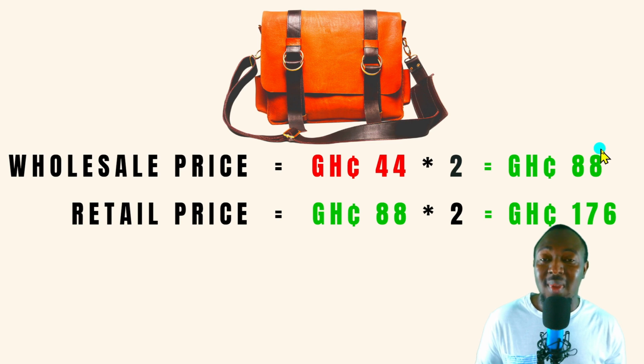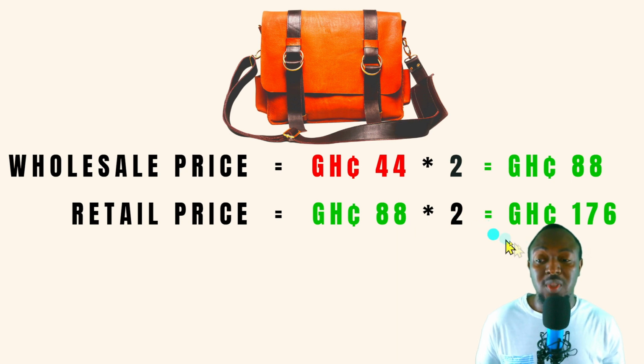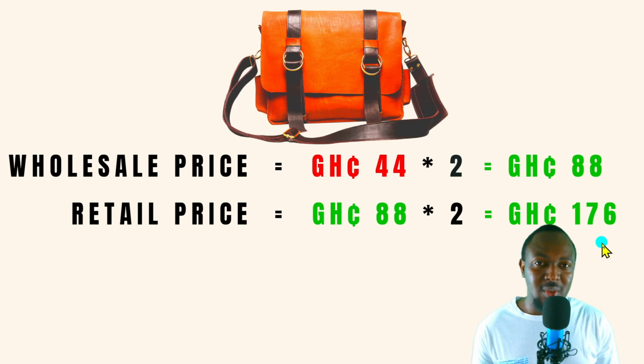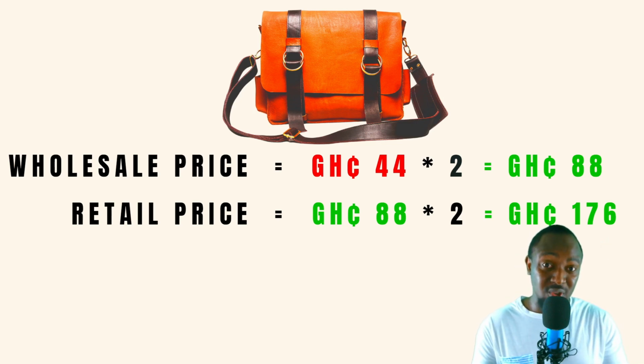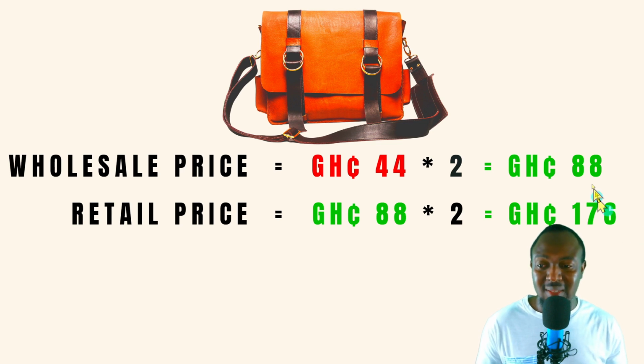For the retail price, it is the wholesale price of 88 Ghana cedis times 2, which is 176 Ghana cedis. So this is where most people fall short. If you are not selling your product at wholesale 88 and retail 176, you are losing. You are losing a lot.